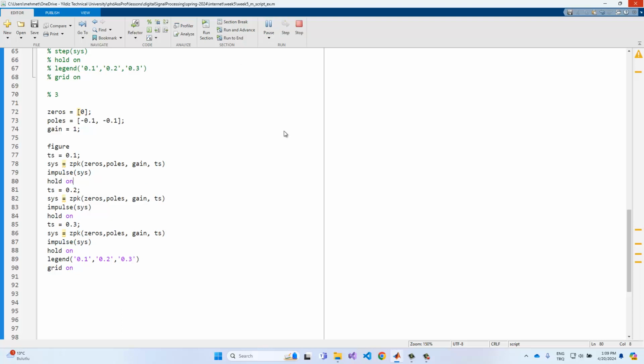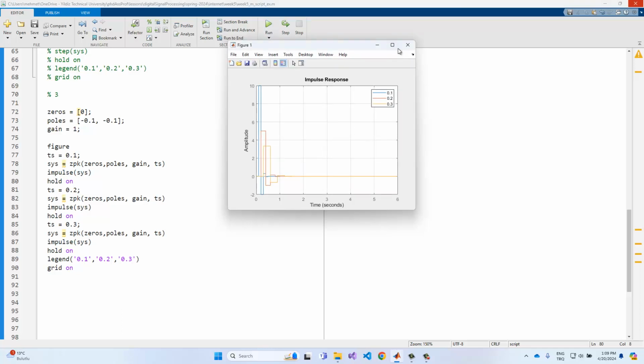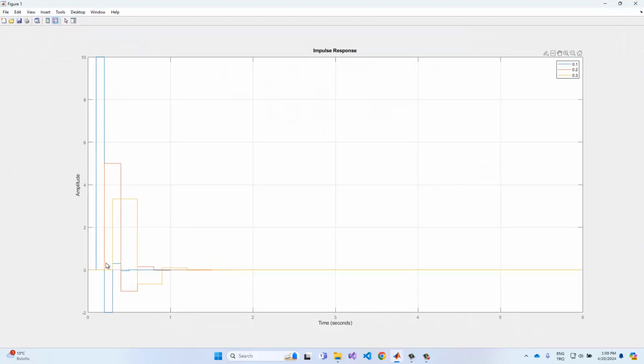If we rerun this code, we will have different kinds of impulse response based on the different values of our sampling rate.